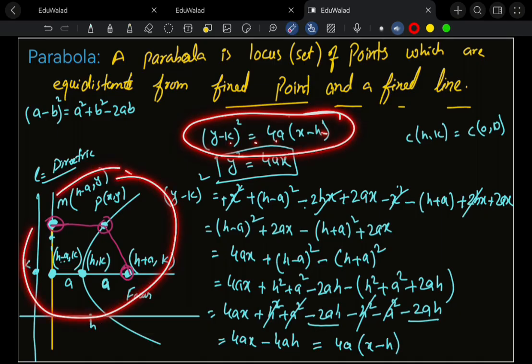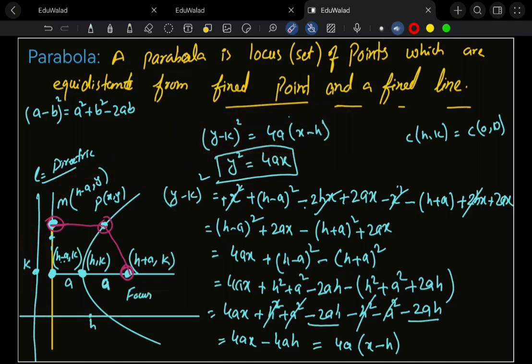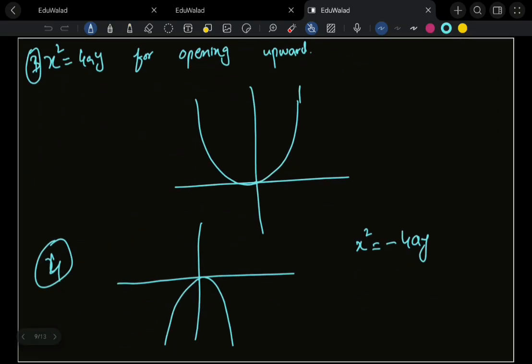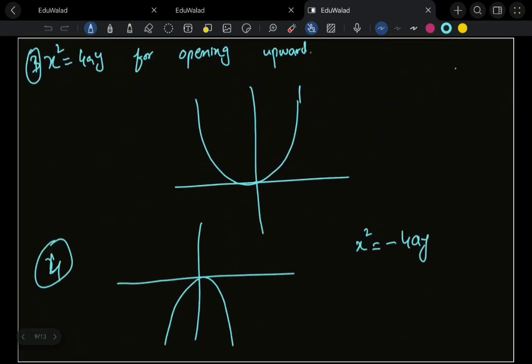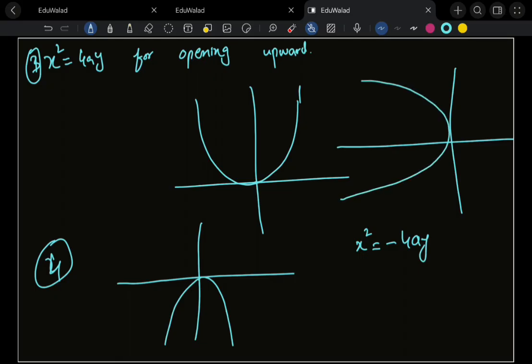So let's see different types of parabolas. For example, x square equals 4ay. If the parabola faces the other side, its equation becomes y square equals negative 4ax.